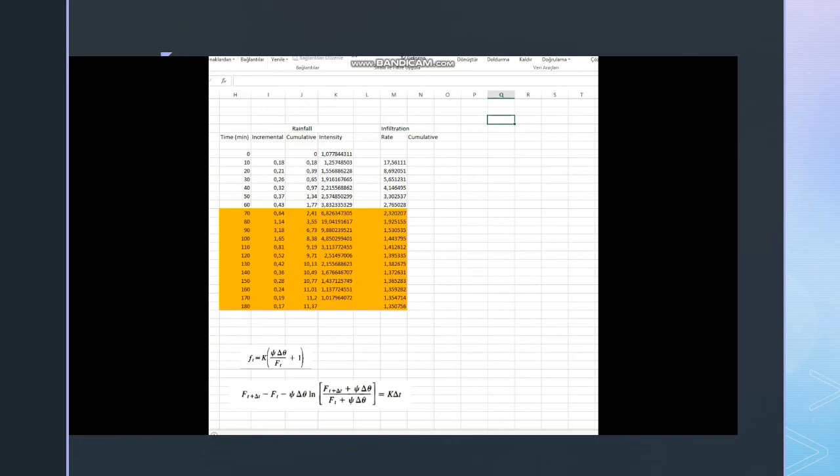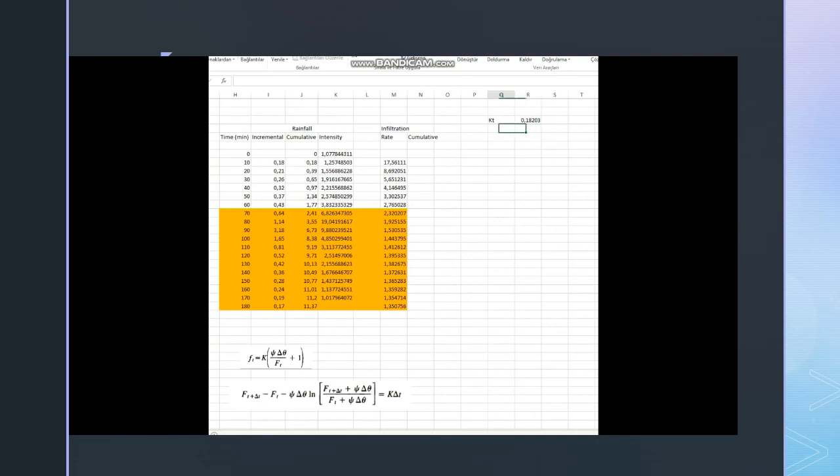Let's first of all calculate K delta T, which is equal to 1.09 multiplied by 0.1167.